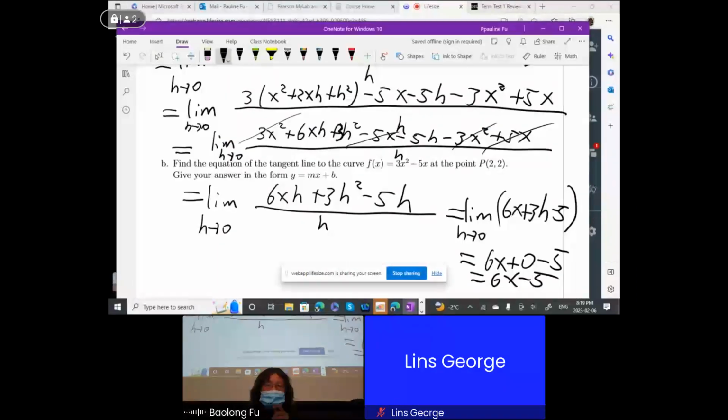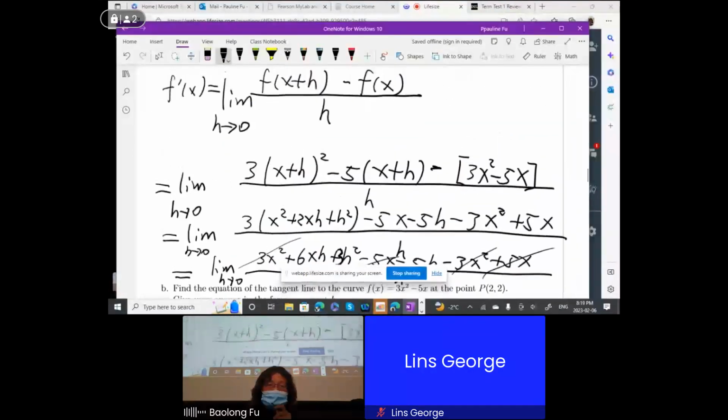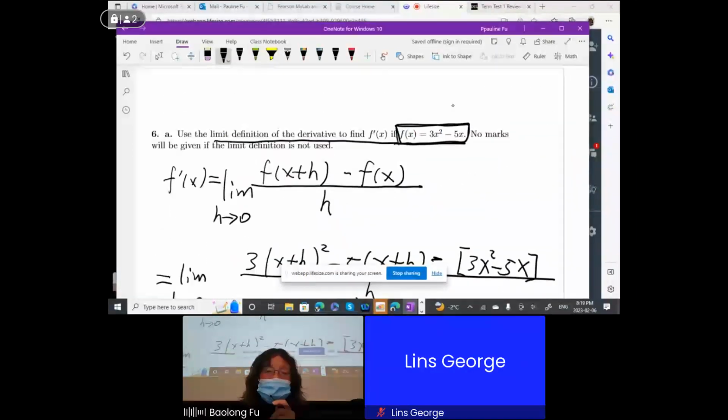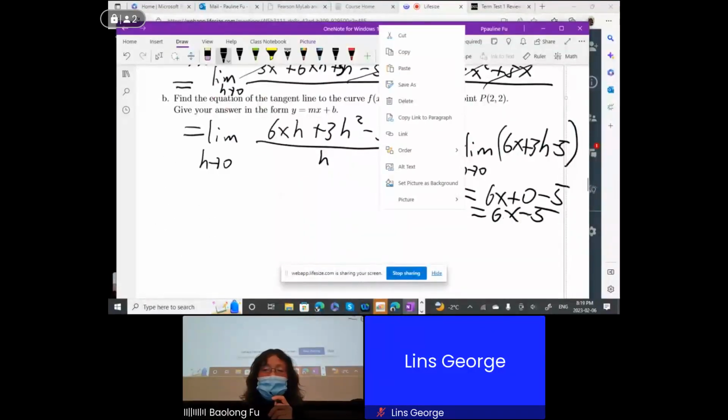Okay, so we got the result. Use the definition to find the derivative. If not using the definition, if asked to find the derivative, everybody should know it is 6x minus 5, right? Just use the rule. But now we use the definition to get 6x minus 5.